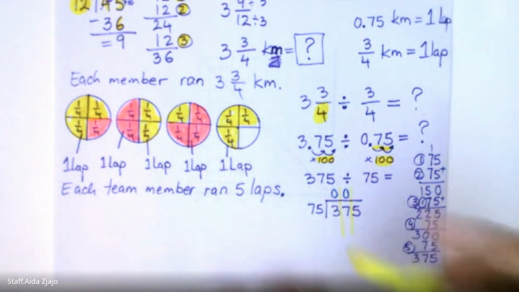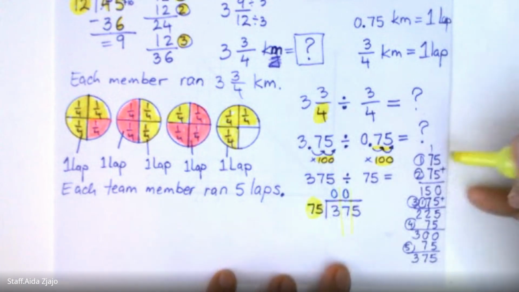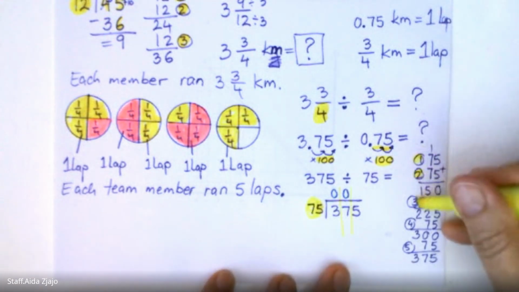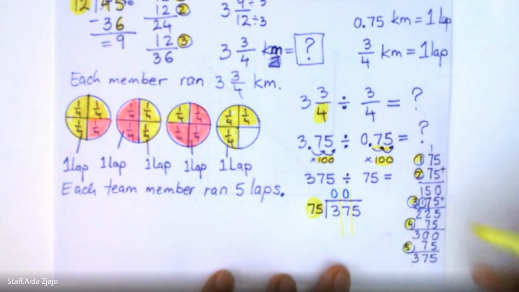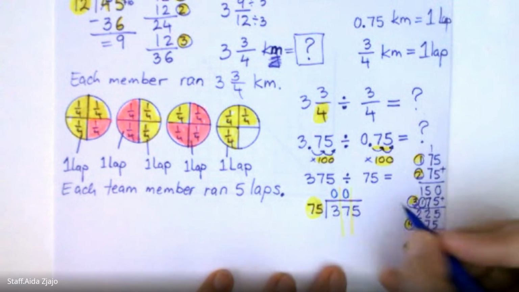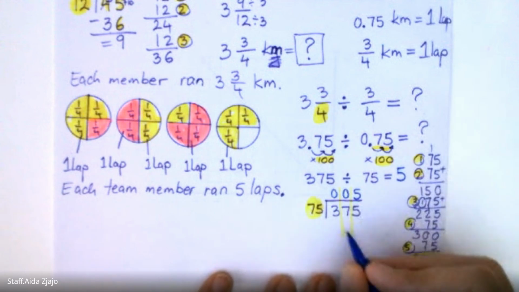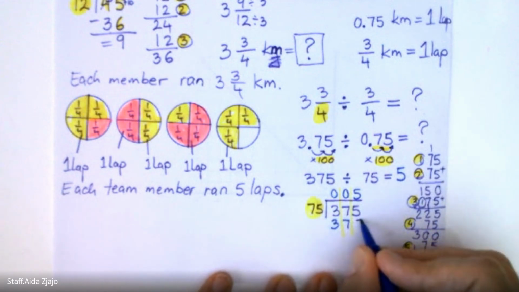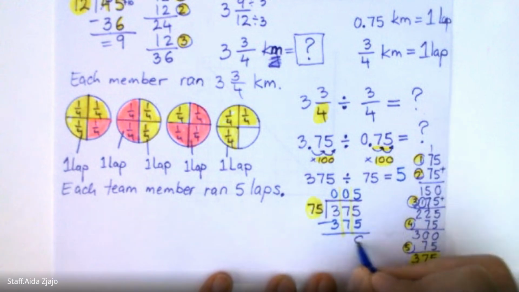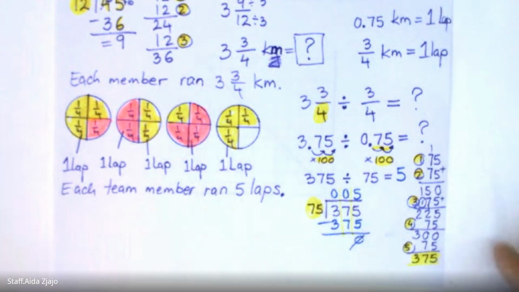So we add 75 once, twice, 3 times, 4 times, 5 times to get to 375. So our answer is 5. So 5 times 75 is 375. When you subtract, you have no remainder. So we prove our answer to be correct.